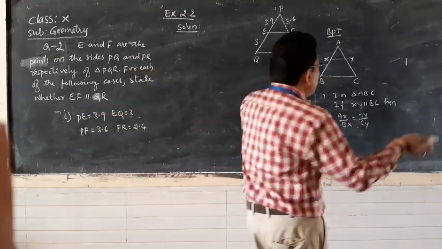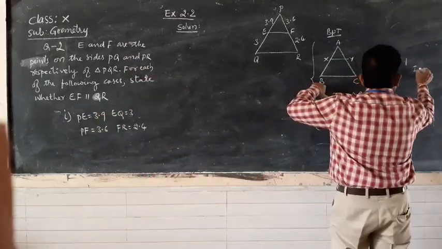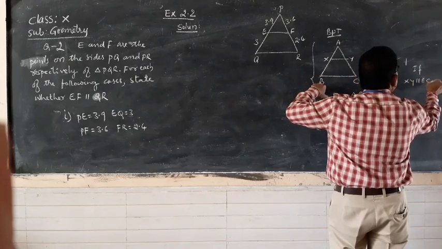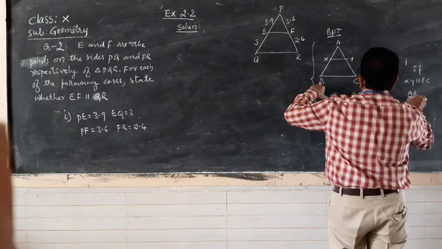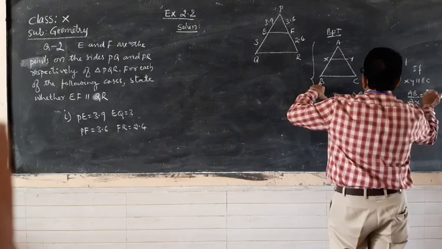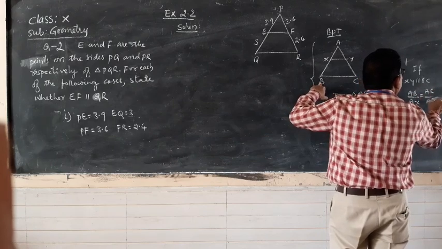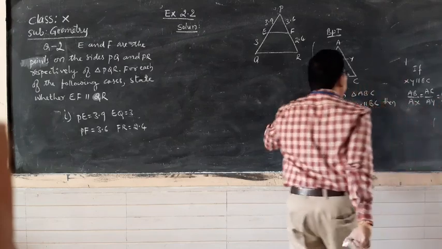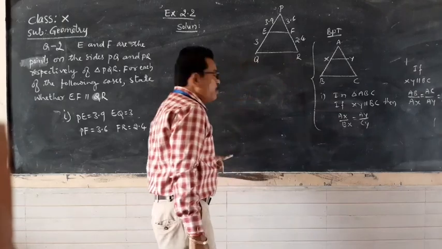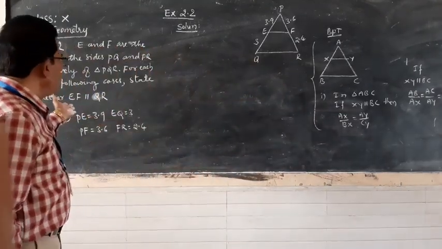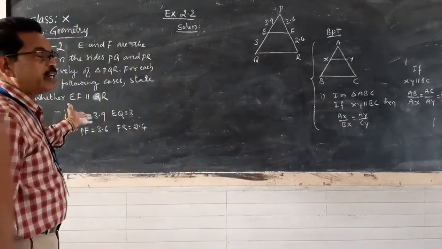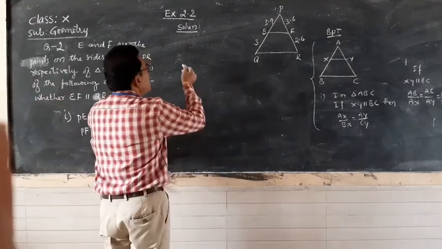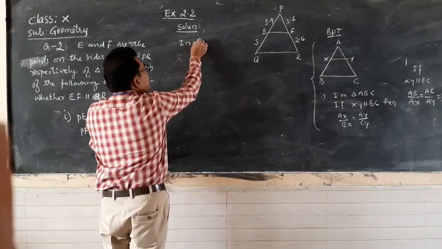What that actually states: if XY is parallel to BC, then AB by AX equals AC by AY equals BC by XY. See, this one is a statement. But in this case, we have to use a converse statement.